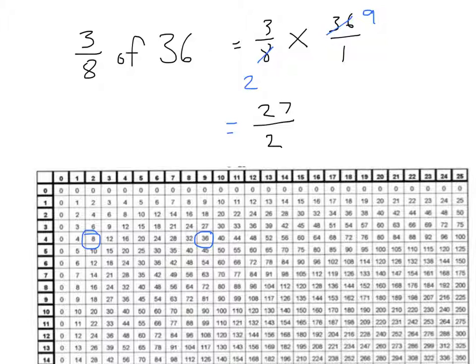So let's circle that. Okay, so we know therefore that 26 divided by 2 is 13. In other words, 2 goes into 26 13 times. So we can write that as a whole. Okay, so that's your whole number.